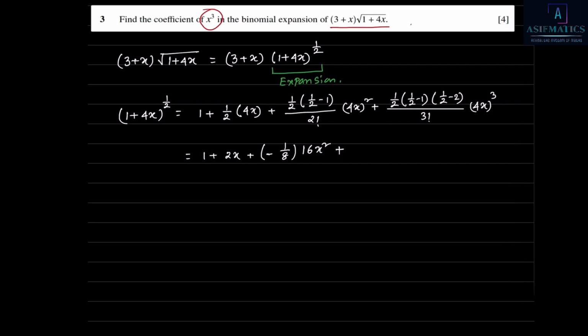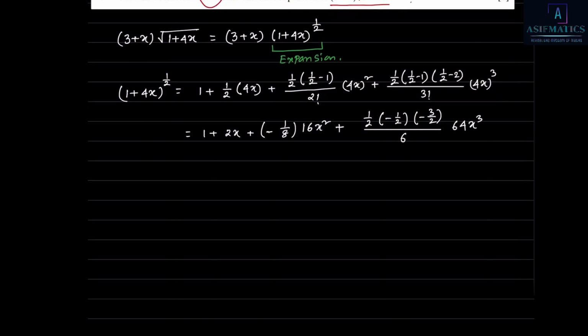Plus, we can write here 1 by 2, and here 1 by 2 minus 1 is minus 1 by 2, and here 1 by 2 minus 2 is minus 3 by 2. So we can write this way, 1 by 2 times minus 1 by 2 times minus 3 by 2. Factorial 3 means 6. You can find it in your calculator, and then this will be 64 x cube.